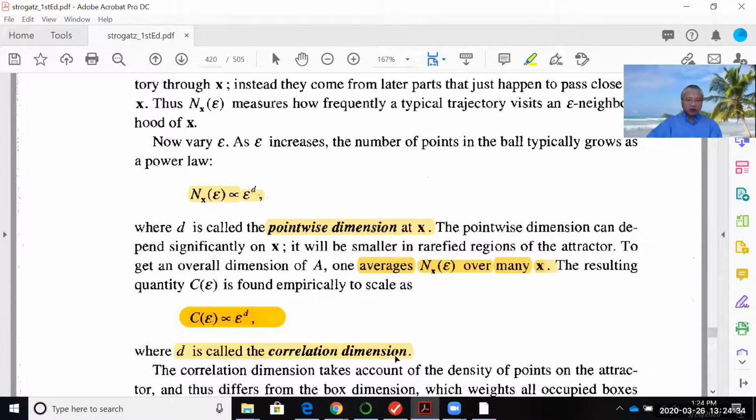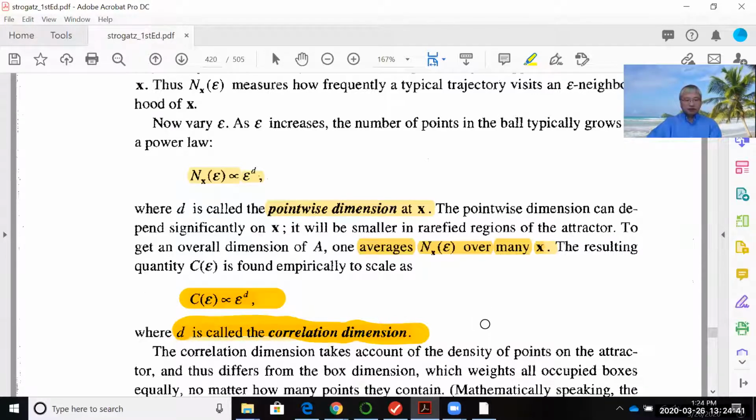And this is what we call the correlation dimension. Is it clear to you how this correlation dimension is calculated? It's important because I'm going to give one problem assignment asking you to calculate the correlation dimension for the logistic map, for example, or for the Lorenz attractor.